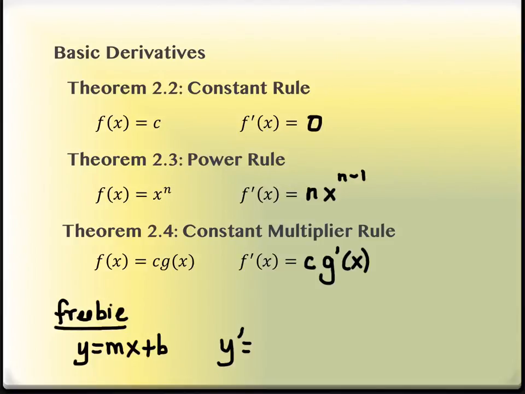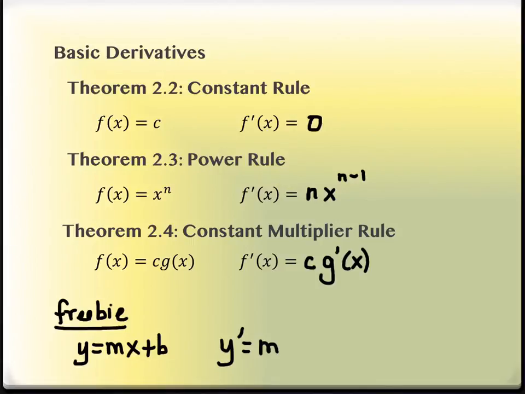If you had x to the 1, this rule says I'd bring the 1 down in front, and then I'd have x to the 0. Do you remember what x to the 0 is? 1, right? So the derivative of x is just 1, is what that means. And then the plus b is a constant rule at the end, right? And its derivative is 0. So we can work through that piece by piece.